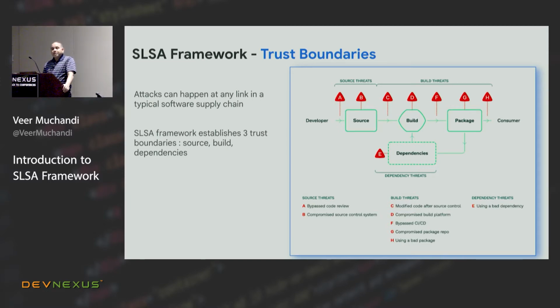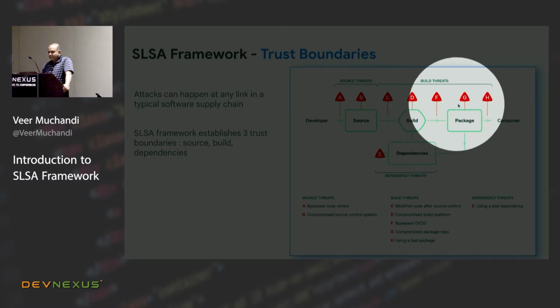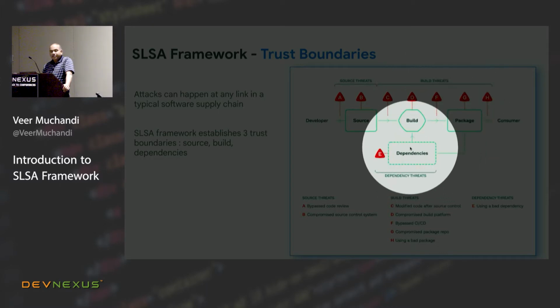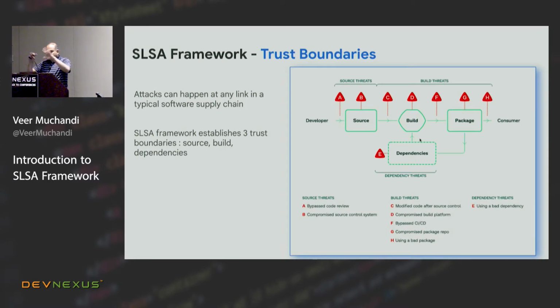So any point in the supply chain can go wrong, and all these threats that can happen at different stages of your supply chain are categorized as source threats, A and B, build threats, C through H, and dependency threats, right? So the framework is just trying to organize things so that we can think logically.